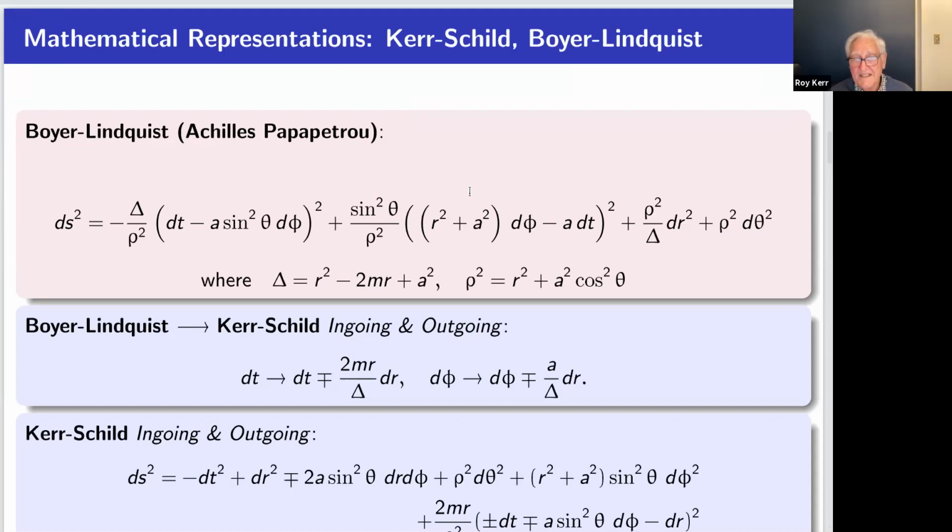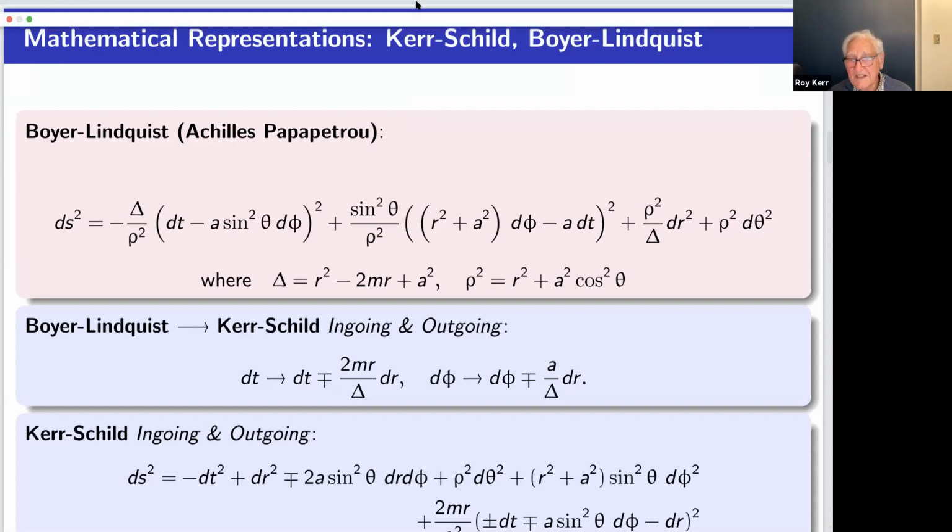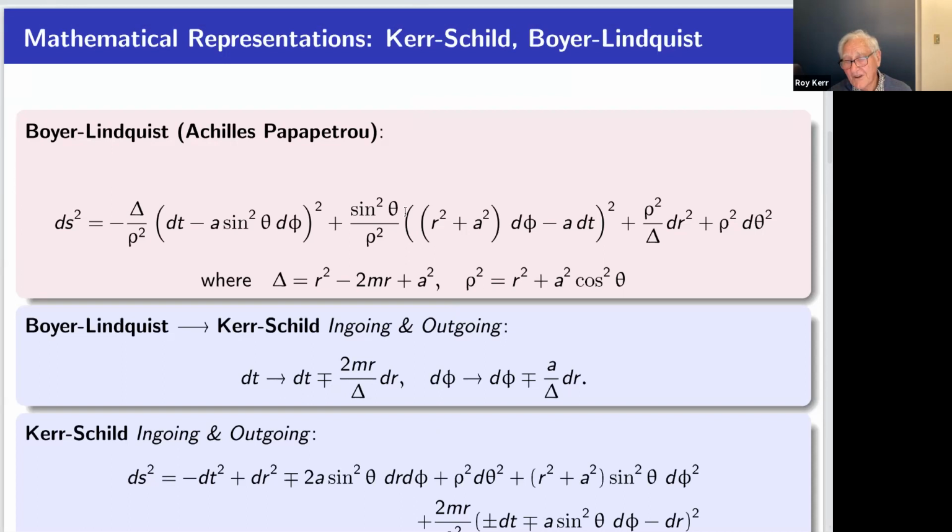What this does is, if we knew where the principal null direction of that the Kerr-Schild metric was built on, if we knew where the ingoing one was in here, we could find the outgoing one just by a simple change in phi and t.